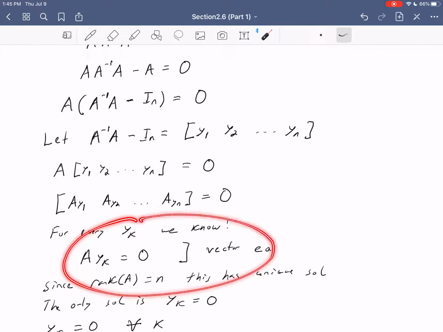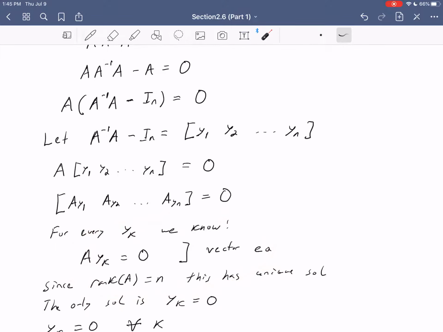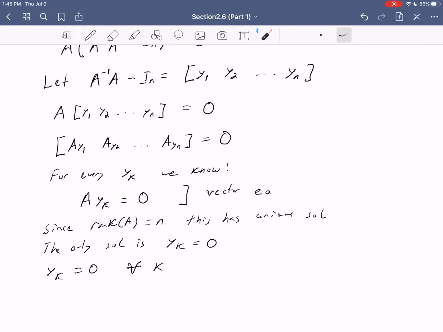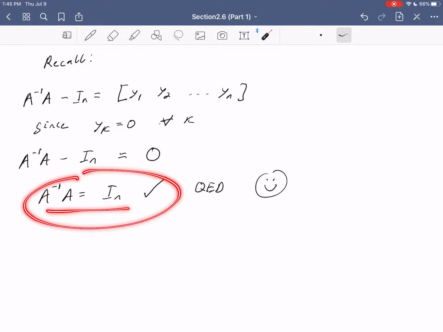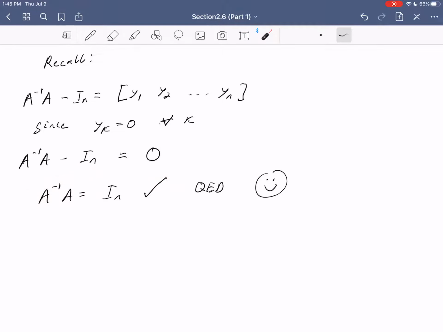Notice that in here, we again used that the rank of A was equal to n to guarantee that we'll have a unique solution, so that all of those solutions were actually equal to 0, which meant that we were able, on this page here, to conclude that A inverse A minus the identity was equal to the 0 matrix, which then allowed us to actually get that A inverse A was the identity. So this gives us our main theorem here.